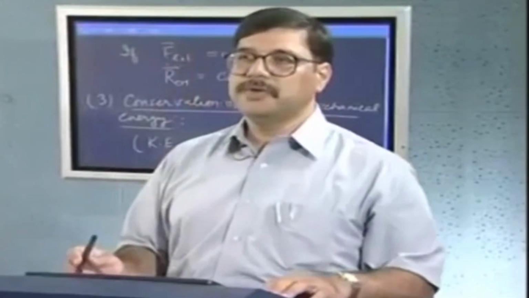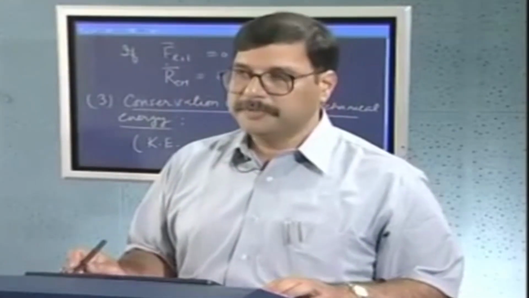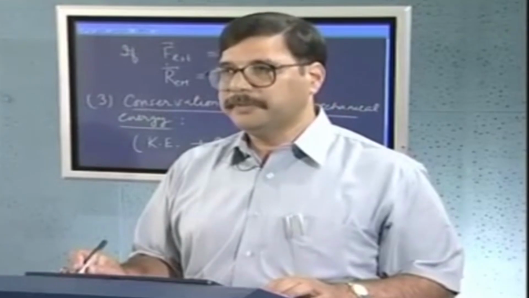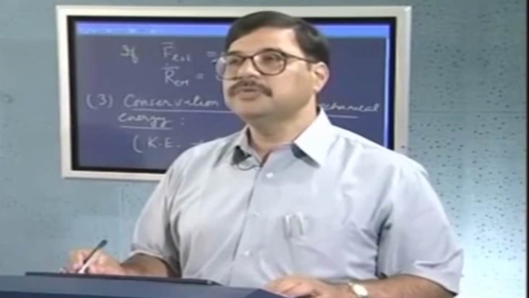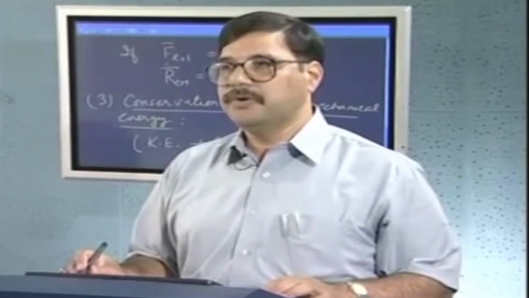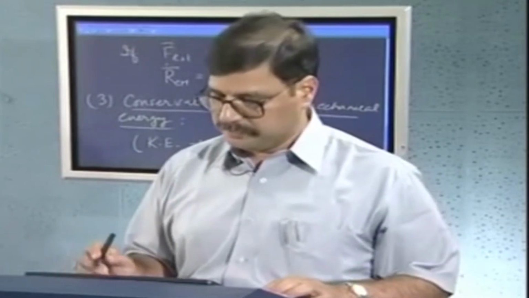In this lecture, we are going to look at these principles once again through examples to learn how we can use them effectively to learn about motion of these particles.